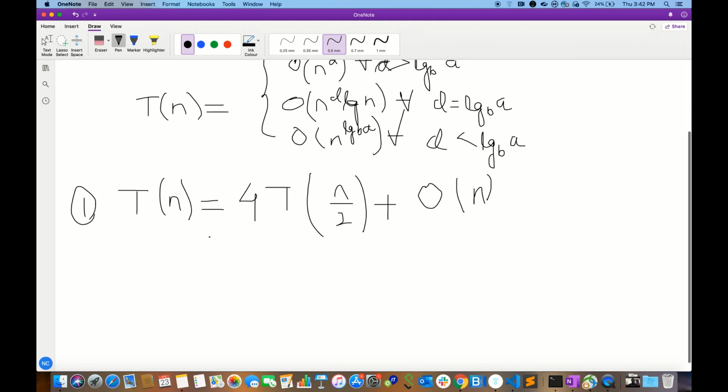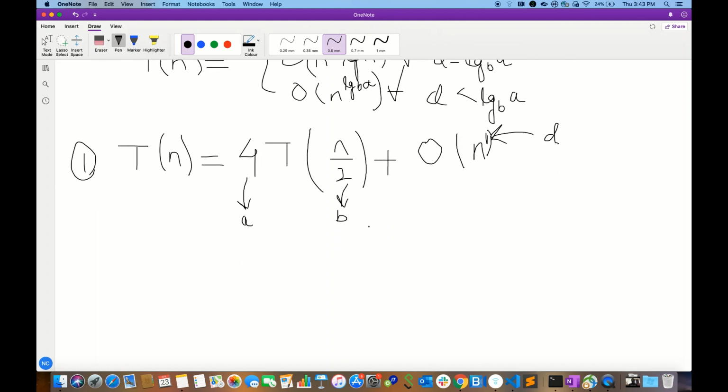So in this case, this will be A, this will be B, and since it is n, it is of the power 1, so this will be D.